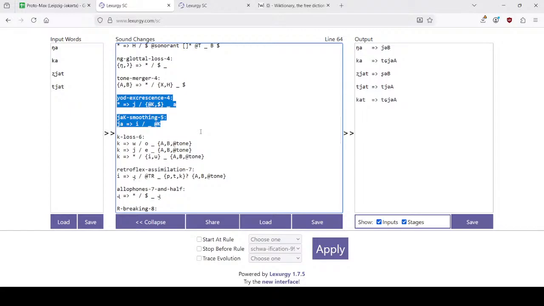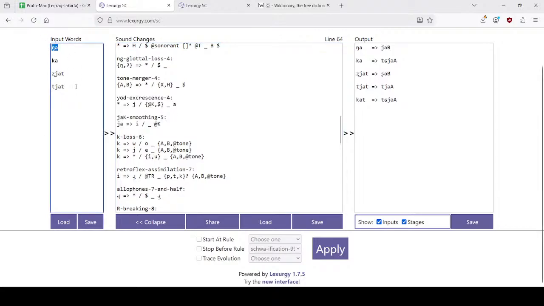Oh, is it because of yod not being able to go ya to e? Does this raise before k? Is the question. Nga. We could use nga as a benchmark. I guess it doesn't really matter.